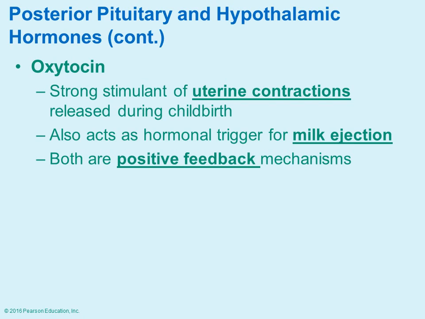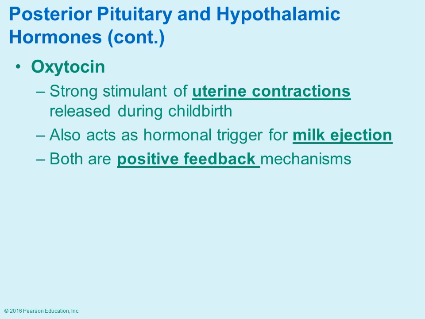Now, if we look at oxytocin, one of the main things it's associated with is that it is a stimulus for contractions of the uterus. So this hormone is released during childbirth, and it responds to positive feedback. In other words, it's released, it starts the contractions of the uterus.